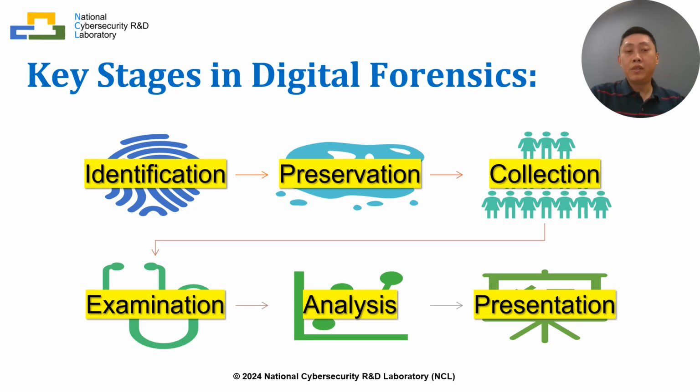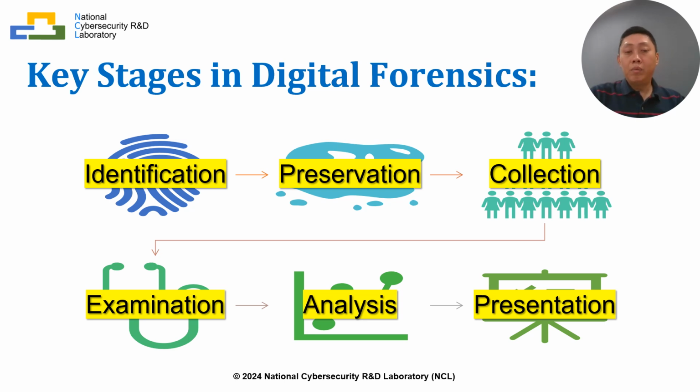Before any investigation begins, it is paramount to accurately identify and document potential digital evidence. This involves understanding the scope of the investigation, determining the types of devices and data sources involved, and establishing protocols for evidence collection.